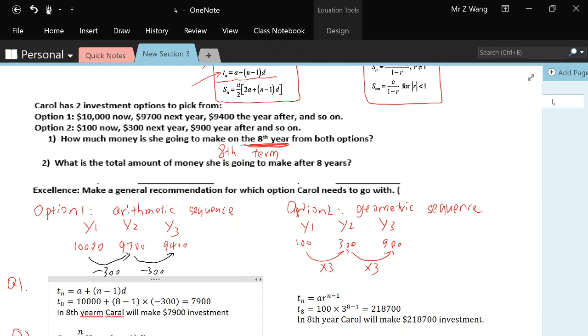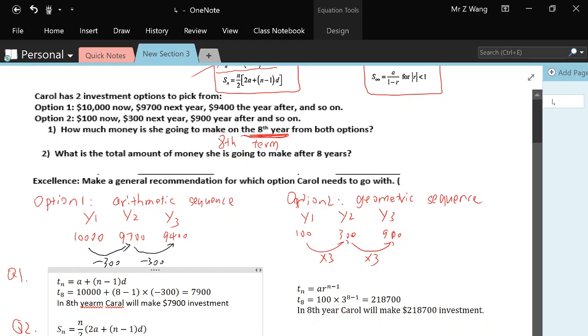Equals 8 divided by 2, times 2 times 10,000 plus 8 minus 1 times the difference, which is negative 300.